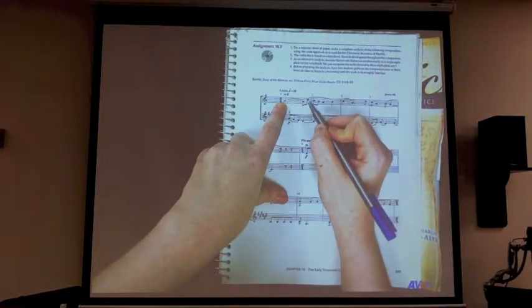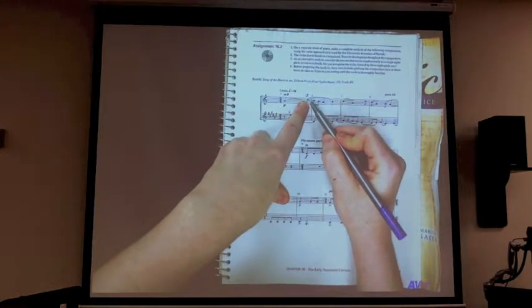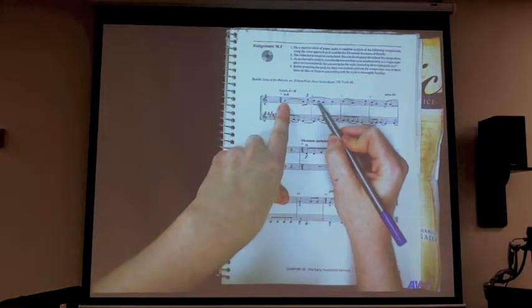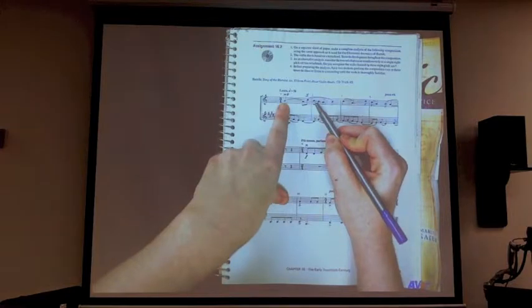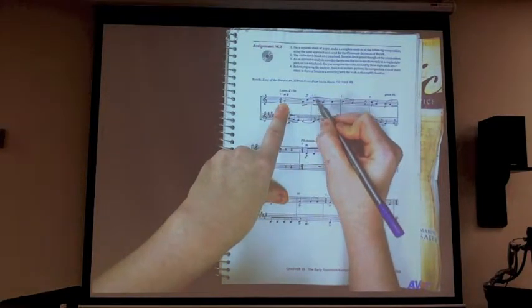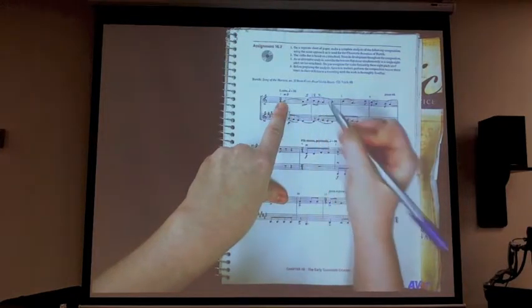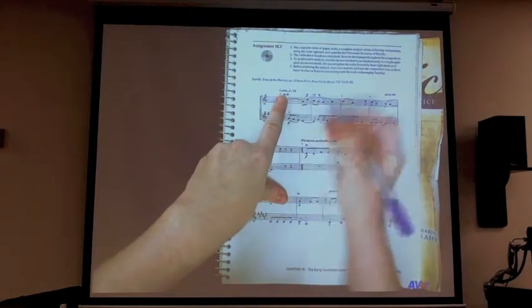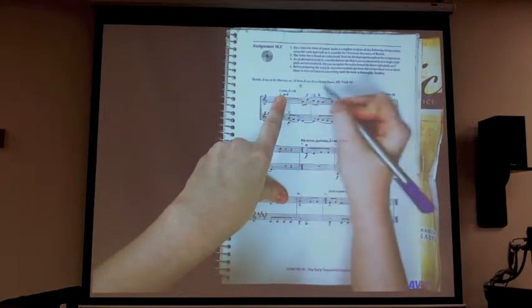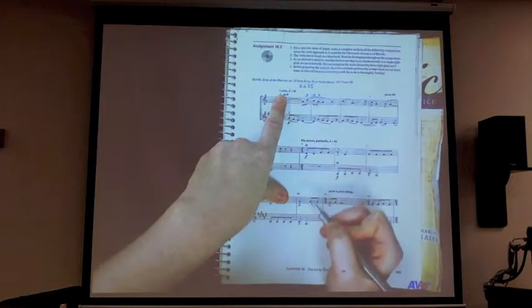That's right, 5 half steps. So that becomes 5. Then from A to C, right? 3 half steps. And then A to B, 2 half steps. So there's your set. It's going to be 0, 2, 3, 5.